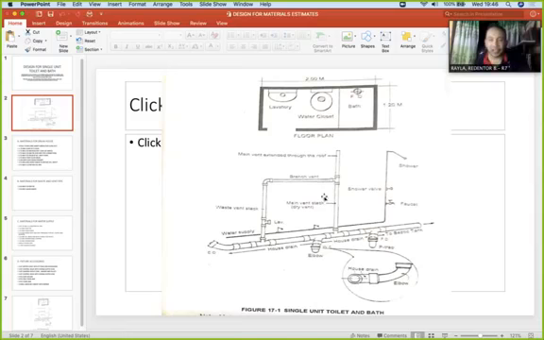For example, you are given this, and of course, this will give numbers. For example, the branch bend. This is connecting from the horizontal line to the stack.